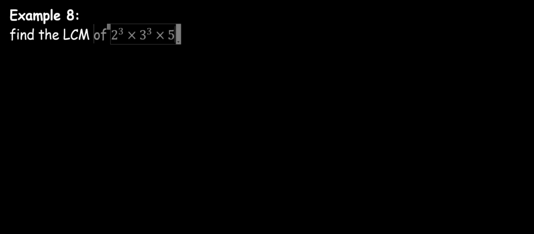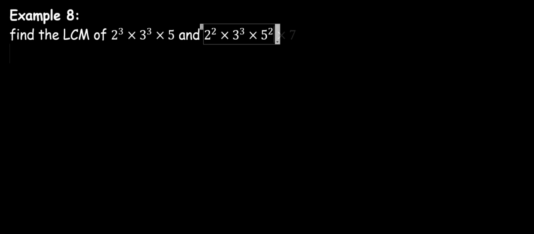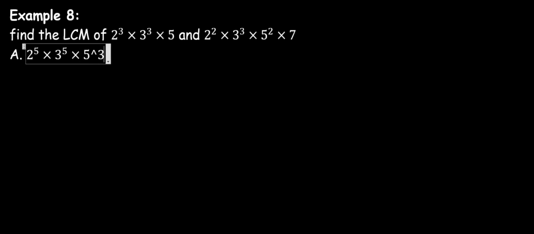Another example. Find the LCM of 2 raised to power 3 times 3 raised to power 3 times 5 and 2 raised to power 2 times 3 raised to power 3 times 5 raised to power 2 times 7. Options are given. A, 2 raised to power 5 times 3 raised to power 5 times 5 raised to power 3 times 7.